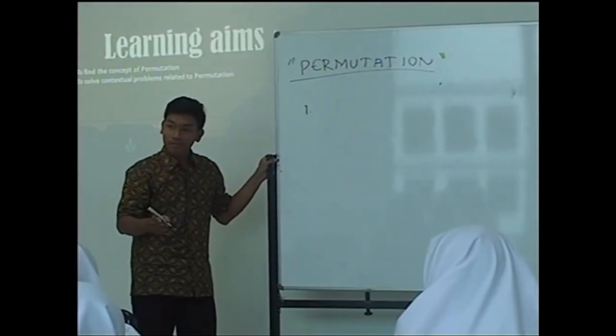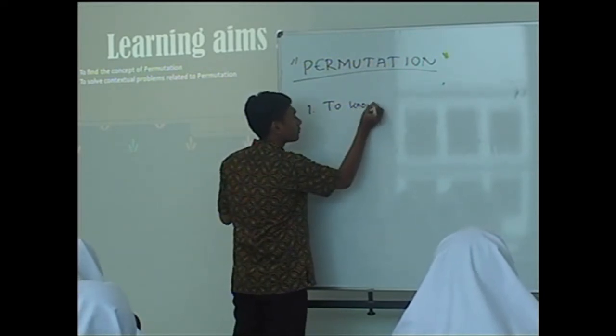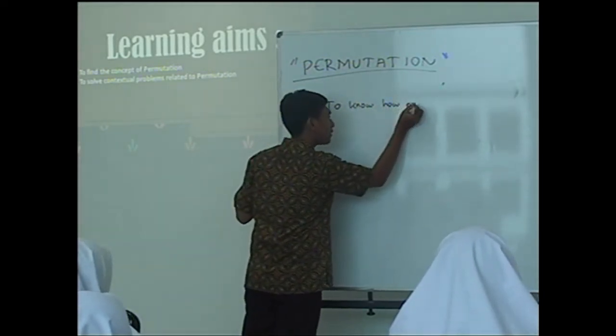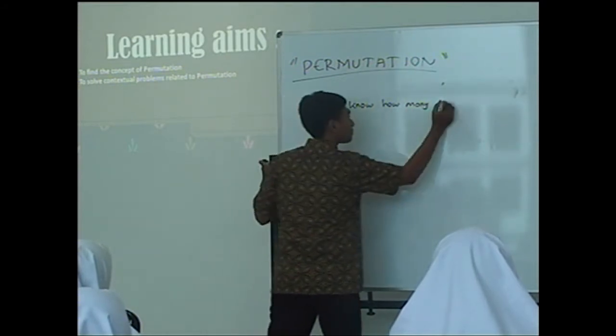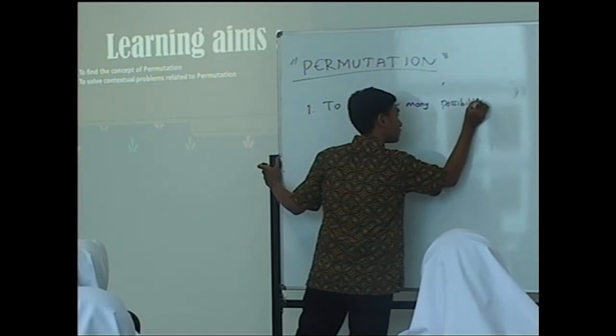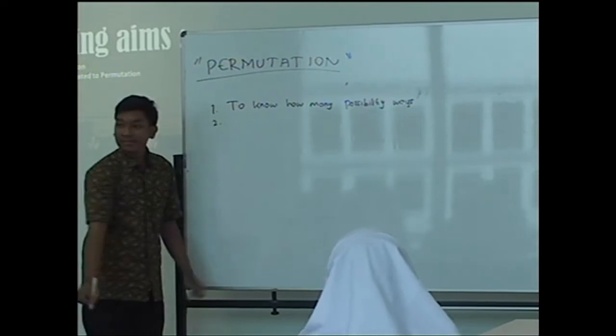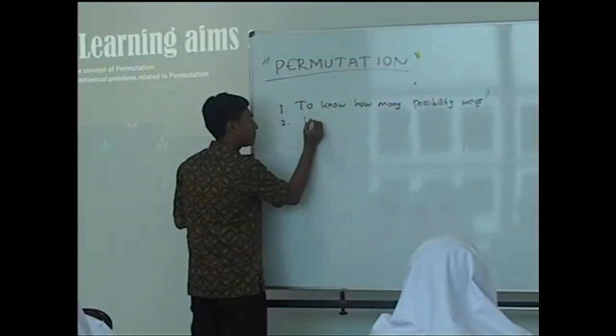So first, multiplication rule is to know how many possibility ways. Second, it usually uses the conjunction "and".